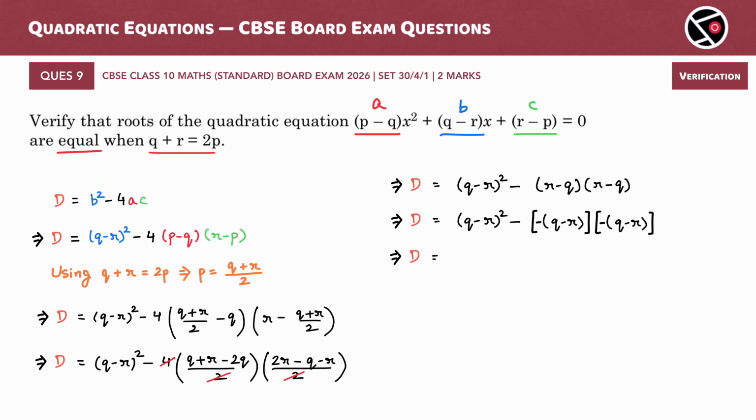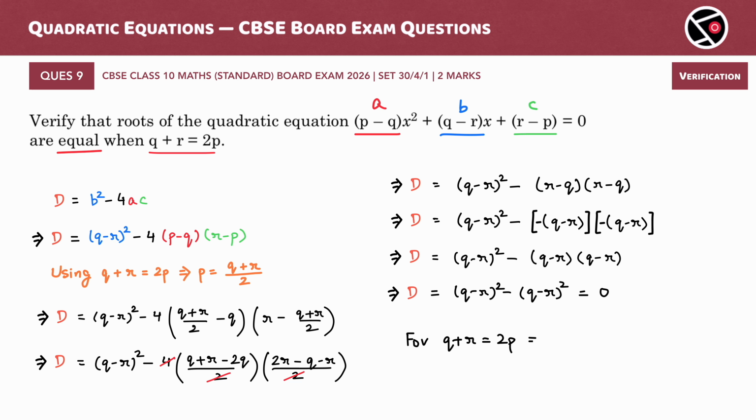D is q minus r whole square minus q minus r times q minus r, or D equals 0. For q plus r equals 2p, the discriminant is 0. Therefore, the roots are equal when q plus r equals 2p.